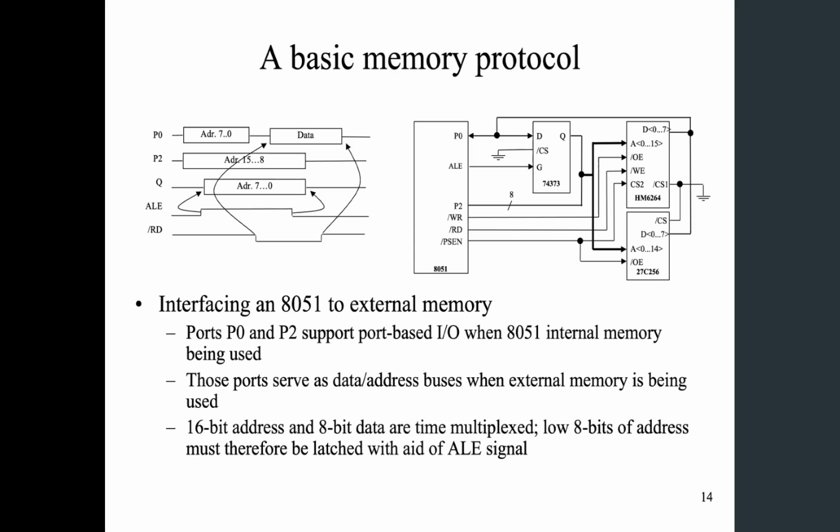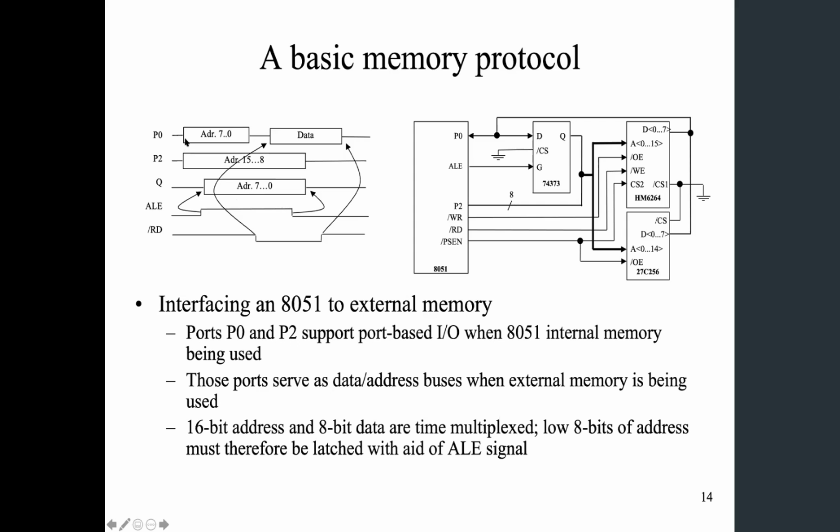So that gives us a chance to store part of the address, specifically to store 8 bits of the address using this Q, and provide the other 8 bits of the address on the other port. And this is exactly what we're doing using this protocol here.